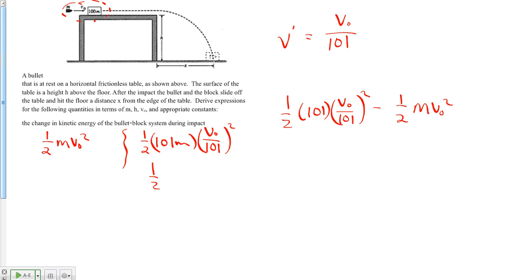I'm going to go ahead and do the simplification just to see how it works out. 101m, that's v naught squared over 101 squared.